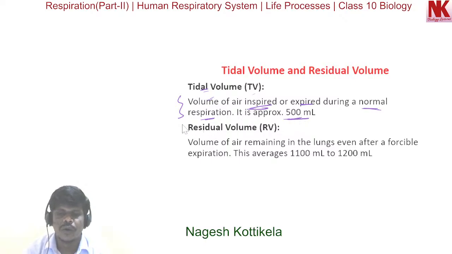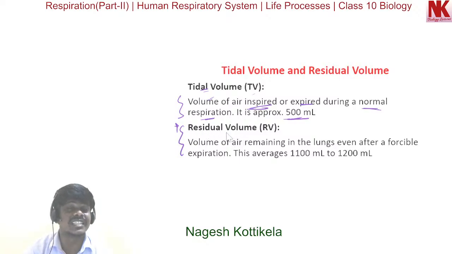Now one more very important term here is residual volume, or in short RV. During the breathing cycle there is always a certain volume of air inside the lungs. That is what we call residual volume.